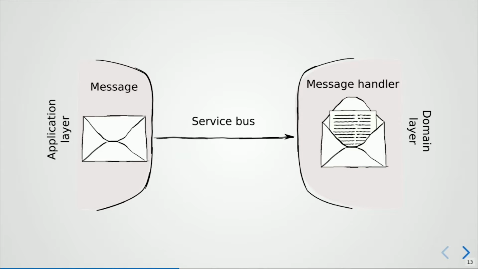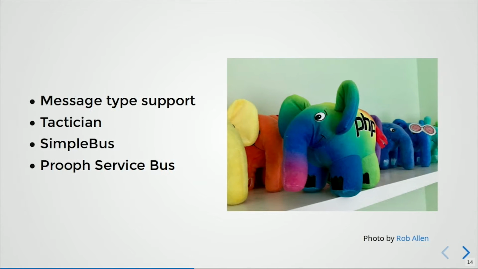There are different types of service buses, which differ based on what message types they support. If they support command messages, then they are command buses, and event messages, event buses, query messages, query buses. In PHP, the libraries vary in the type of messages that they support.